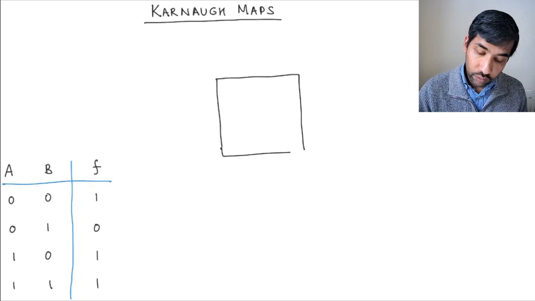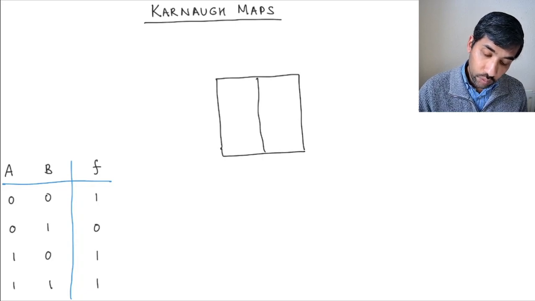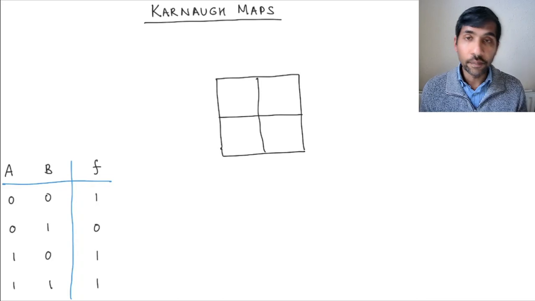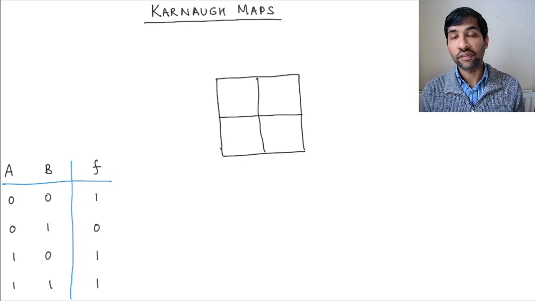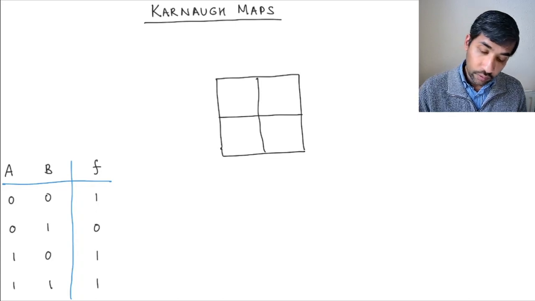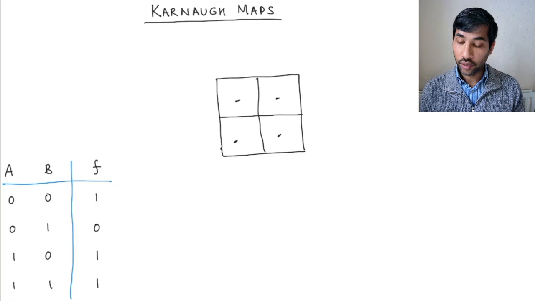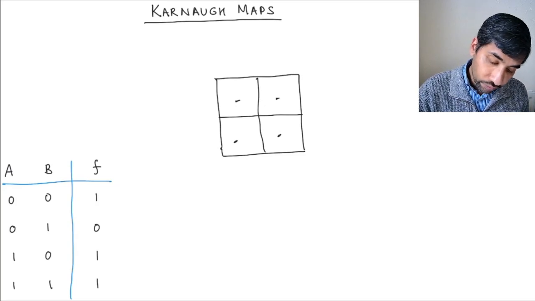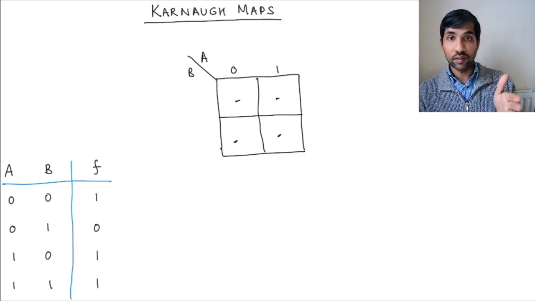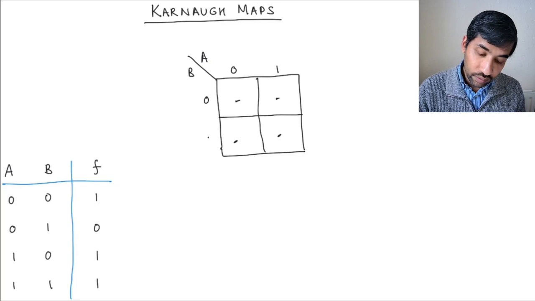Let me draw a square here, and what we want to do is place the min terms of the Karnaugh map at this spot. Each of these squares represents one combination of the inputs A and B. One way of representing that would be to say this is A and it takes values 0 and 1, and on the vertical axis you have B and it takes the values 0 and 1.